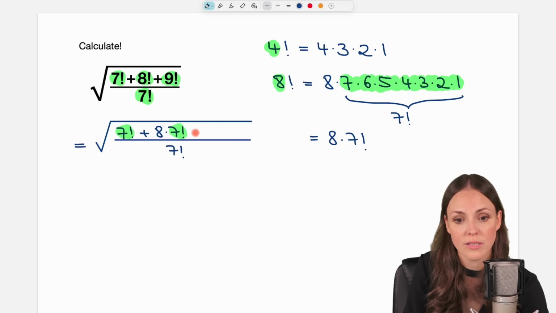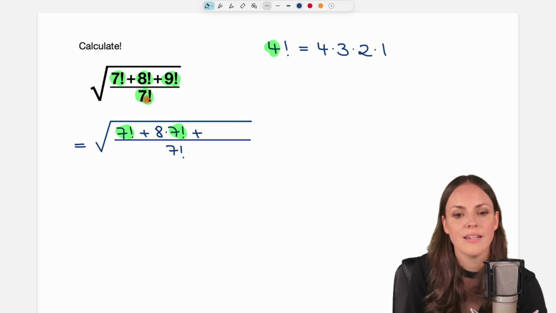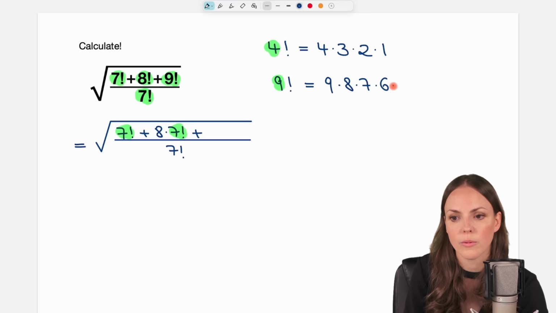Then don't forget that we still have a third part, with the same question for 9 factorial. Is 7 factorial in my 9 factorial? Let's take a look. What is 9 factorial? We start with the 9, and we multiply it by the next smaller number until we get down to 1.